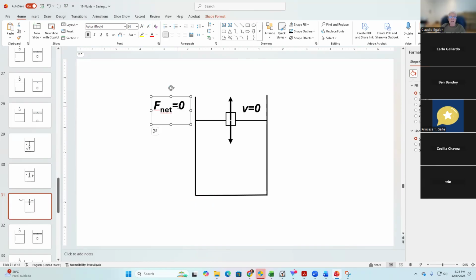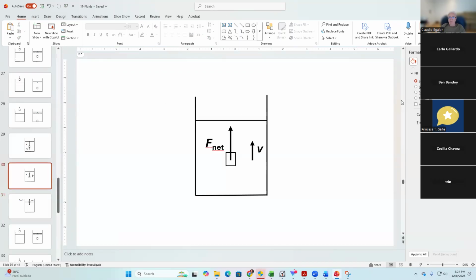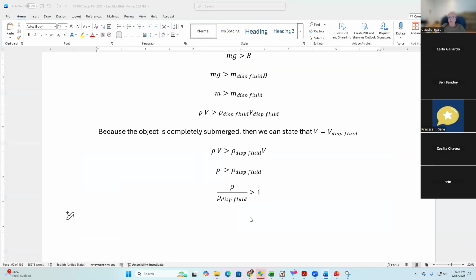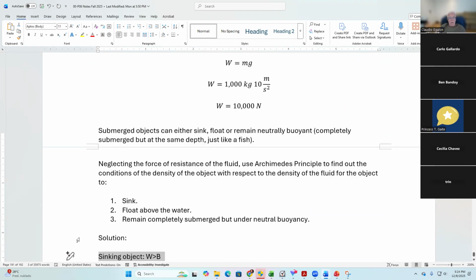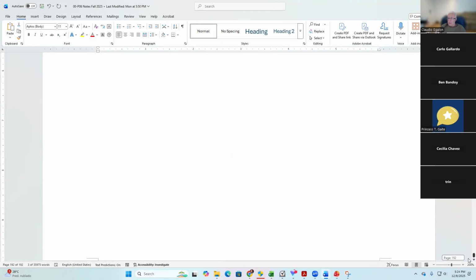But while it is completely submerged, you have this net upward force. So let's go back here to this net force. We can use the same reasoning we had before.